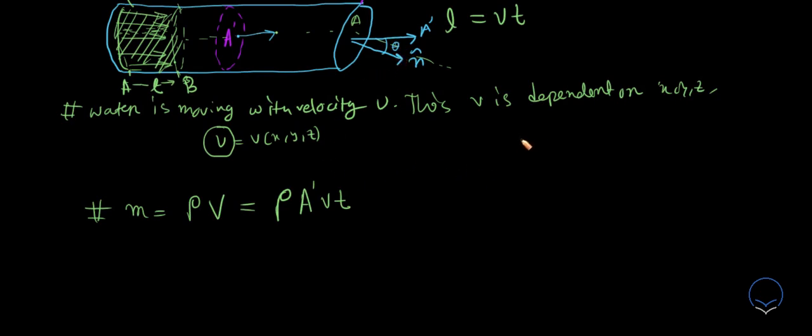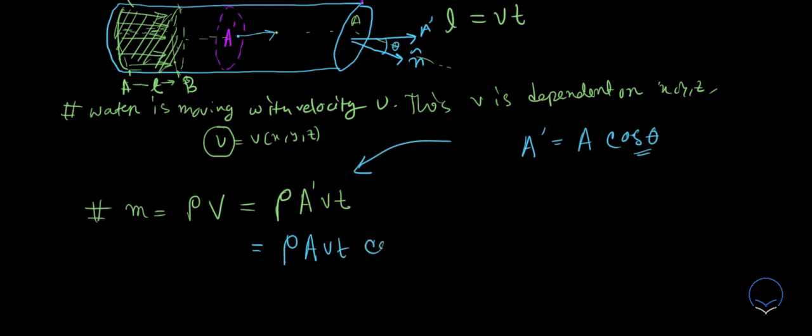So you can write now that your A prime is actually A cosine theta. So let's replace that over here in this equation, and instead of A prime you will have A v t cosine theta, and this is the mass.